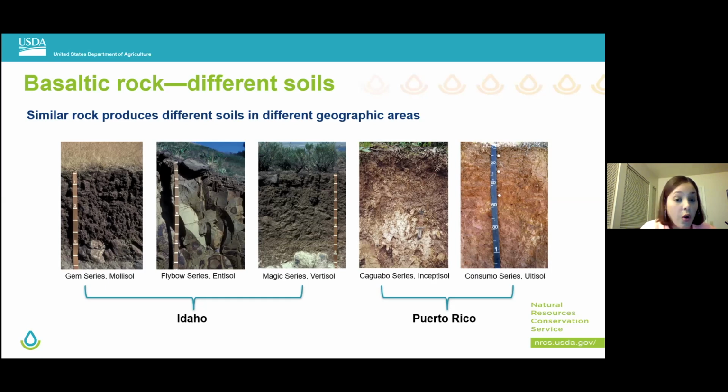They're all coming from the rock, but look what they produce: different soils. That's how we have different soil series in the United States, and in this case they're all coming from the same rock. I think, guys, this is pretty cool. I don't know what you think about that, but to me, this is amazing.